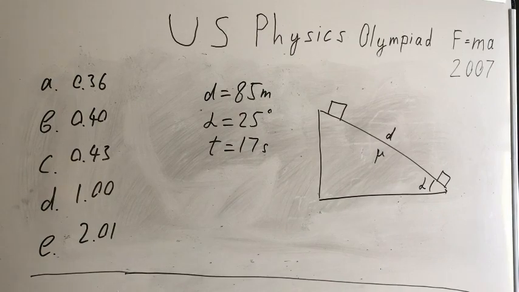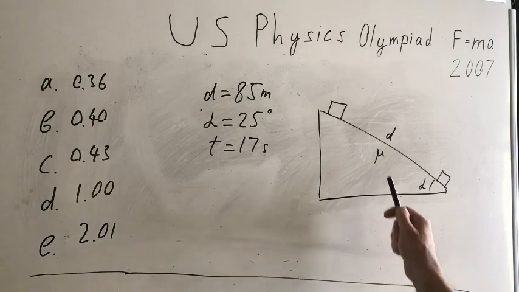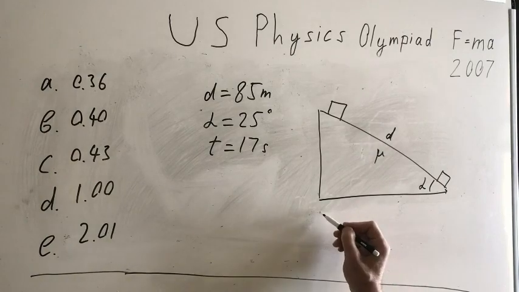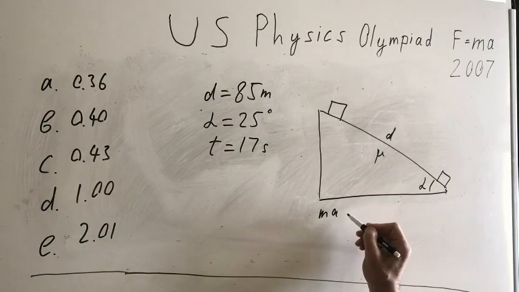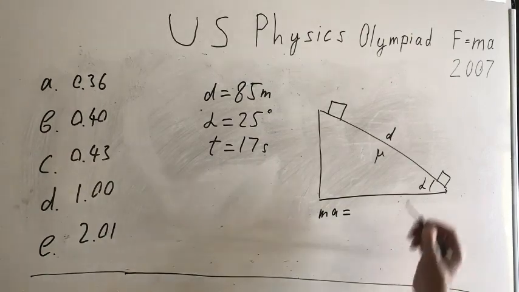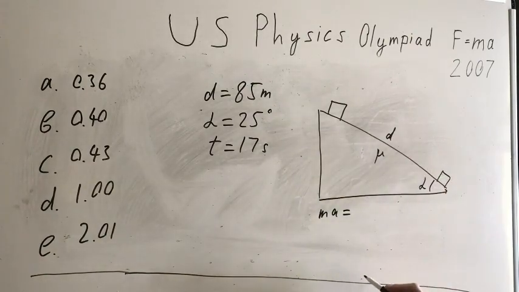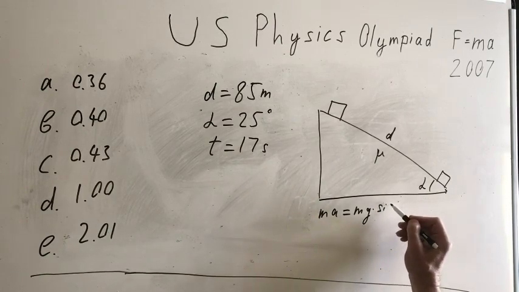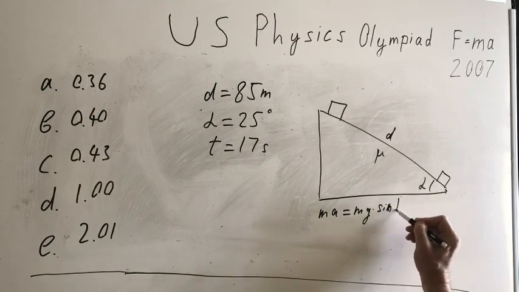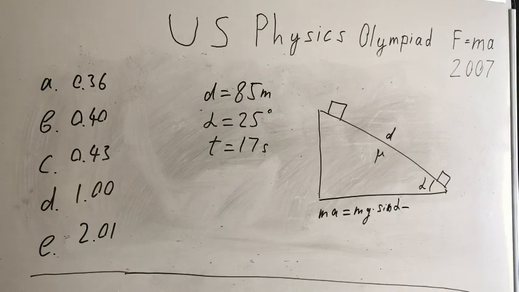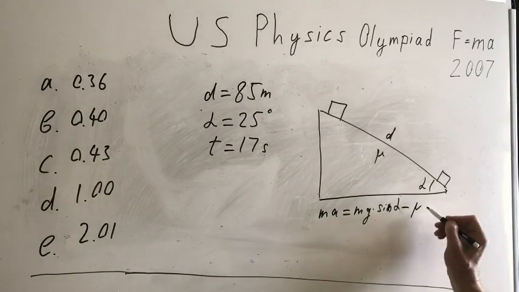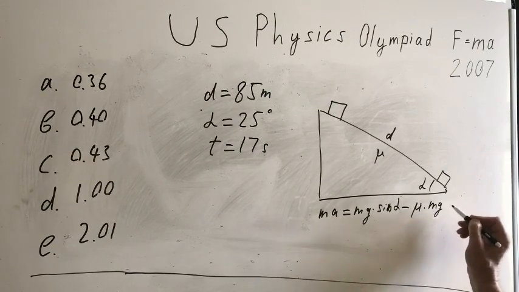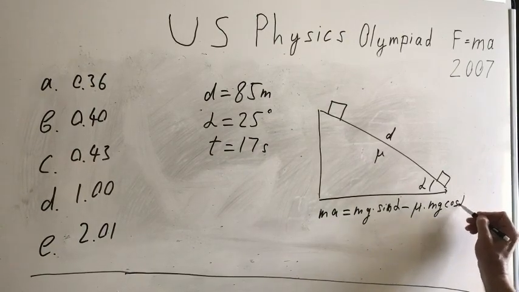If we know the acceleration, we can find the coefficient of friction, because we have this equation: ma equals the component of the gravity force along the slope, which is mg sine alpha, minus the force of friction, which is mu multiplied by the normal force, which is mg cosine alpha.